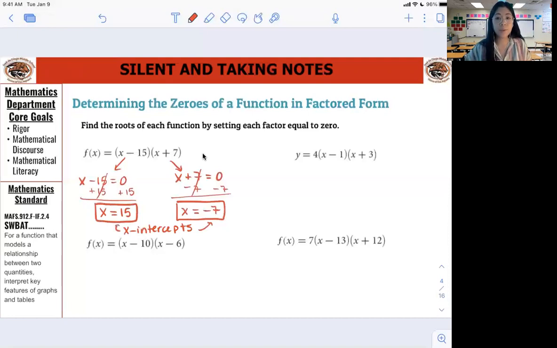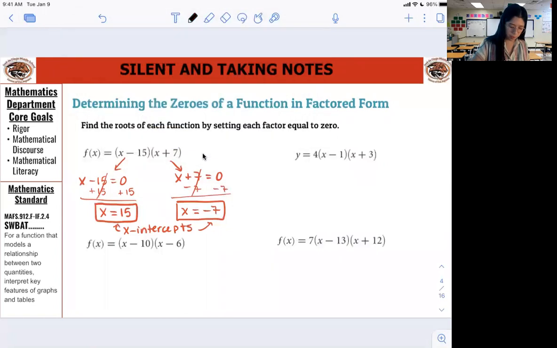So it's super, super simple. It's one really quick, tiny, mini little equation, and boom, you can figure out the x-intercepts of the function. Do I have any questions on that so far? Okay, let's do the next one on to the right.